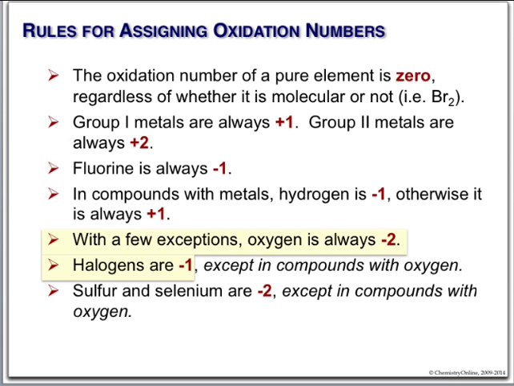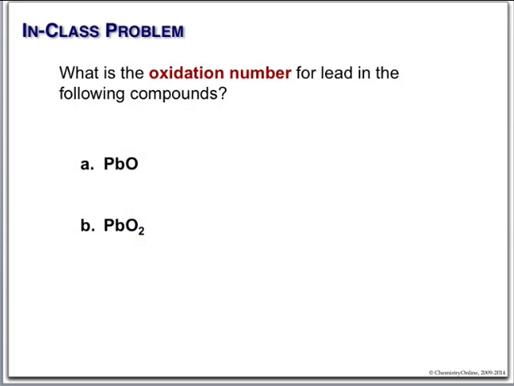Okay, so let's go back and look at some compounds. Here are 2 of our lead oxides. What we want to do is simply apply the rule to figure out the charge on the lead. The rule said that oxygen was always going to be a -2, right?